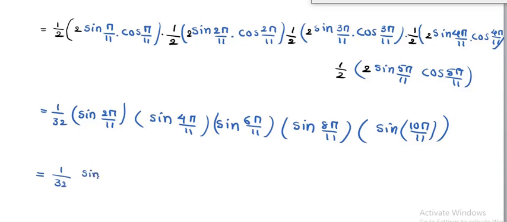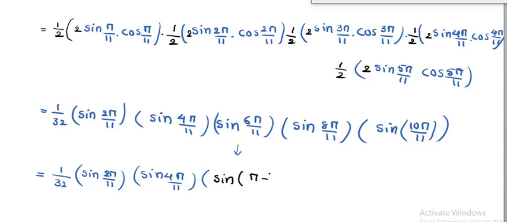Sine 2 pi by 11 into sine 4 pi by 11, and these terms we change. Sine of 6 pi by 11 we write as pi minus 5 pi by 11, so it is sine 5 pi by 11.